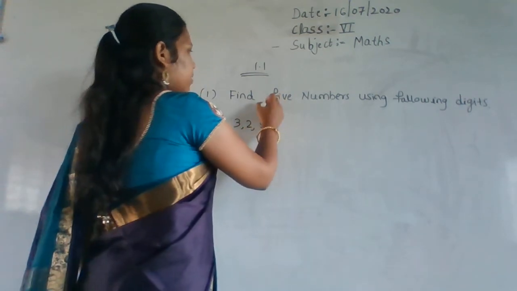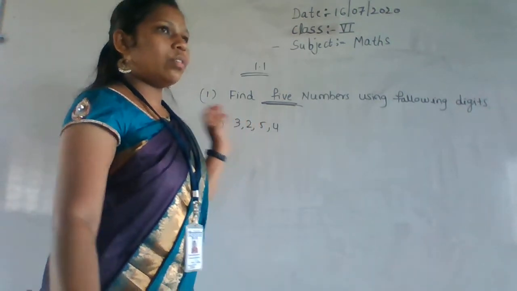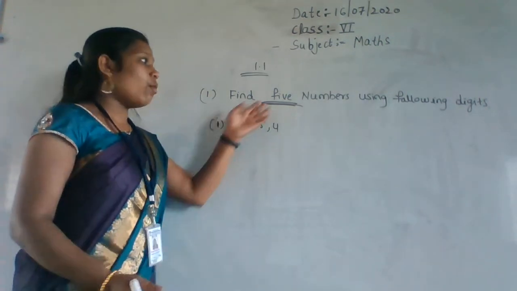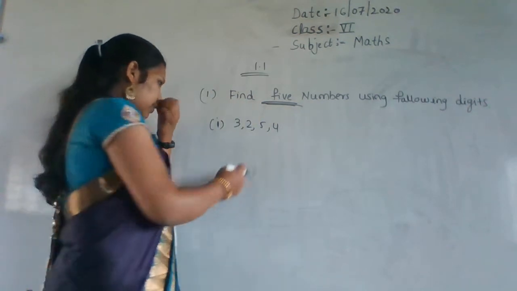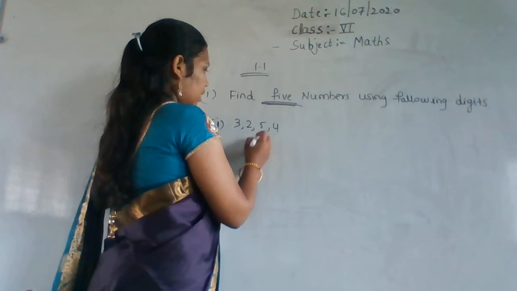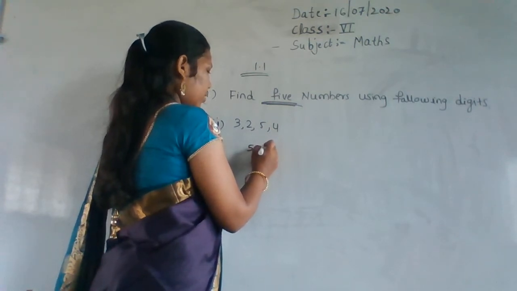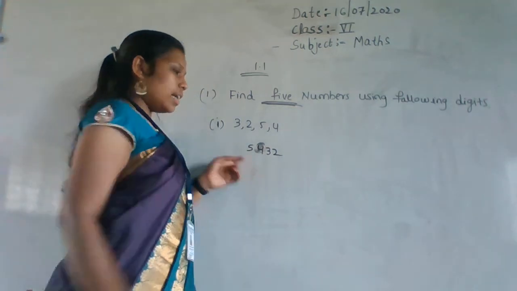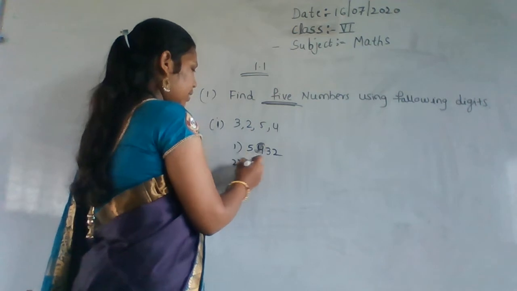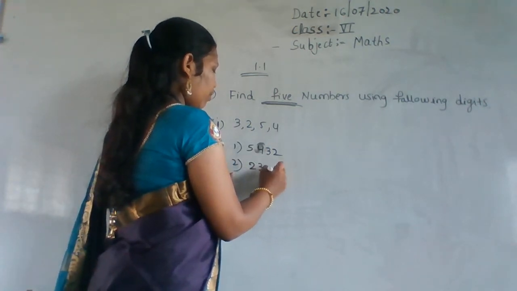They ask you to form 5 numbers. They don't tell us largest or biggest, whatever it is, but they want 5 numbers using these 4 digits. First one, write the largest number. Largest number is 5, 4, 3, 2. So this is the largest number, first one. Second one, next write the smallest number, 2, 3, 4, 5.